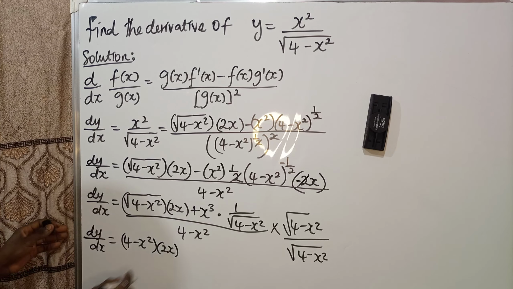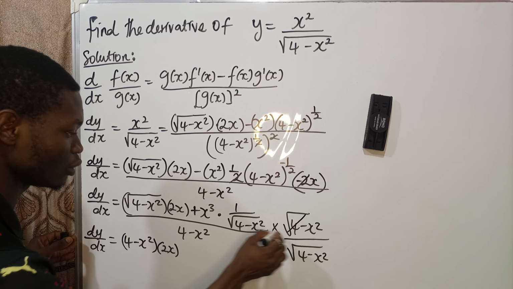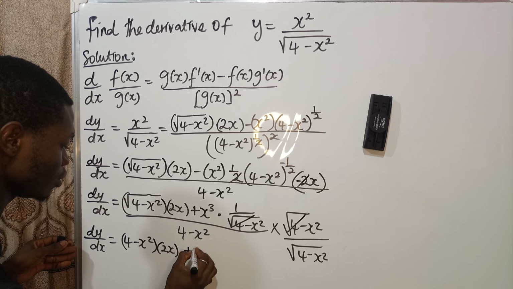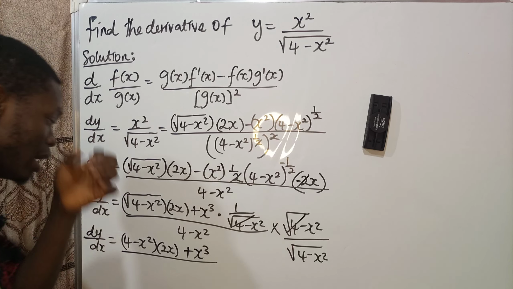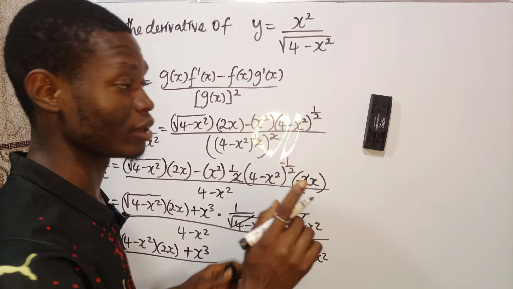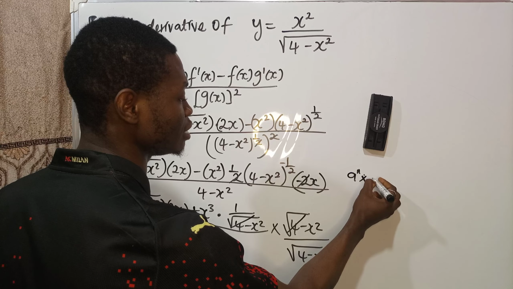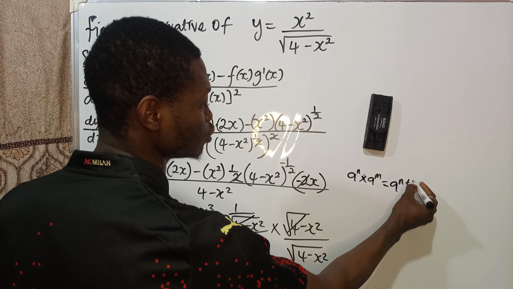Now plus, this cancels out this. Now we are going to have plus x cubed all over this times this. Remember, in indices, the addition rule: if you have a to the power n times a to the power m, because the bases are the same, it will be a to the power n plus m.